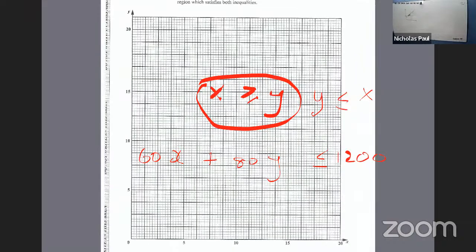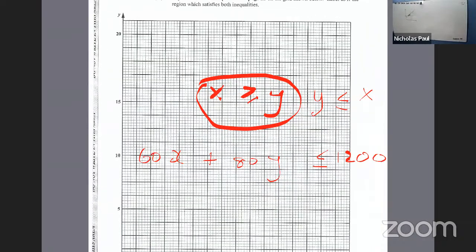So if x is more than y, it means that y is less than x. That makes sense? So write it like this instead. Y is less than or equal to x. Both inequalities are correct, right? But it's better to draw the next one.